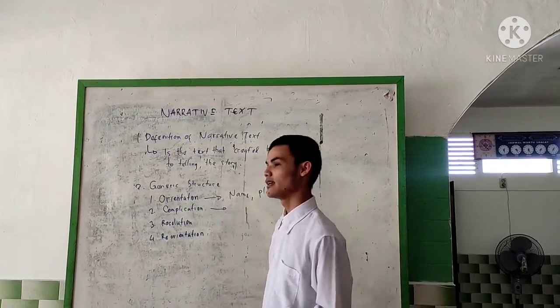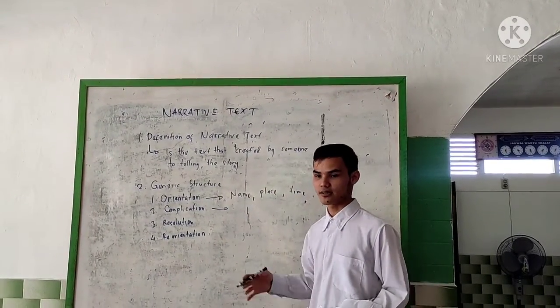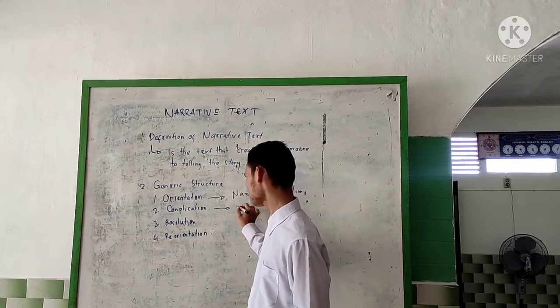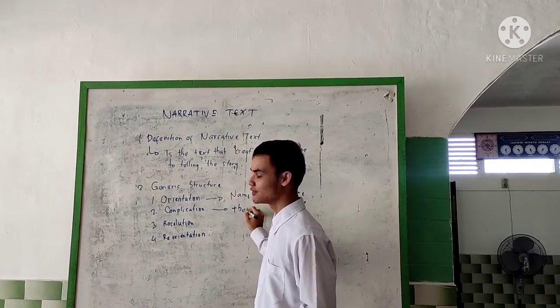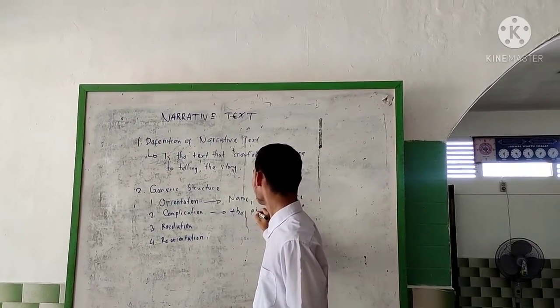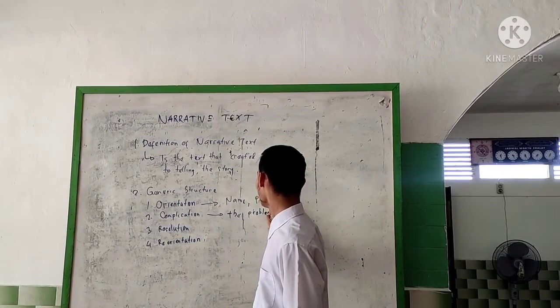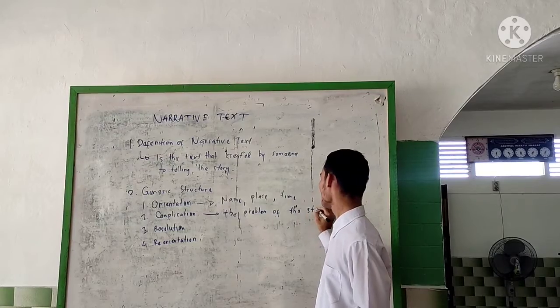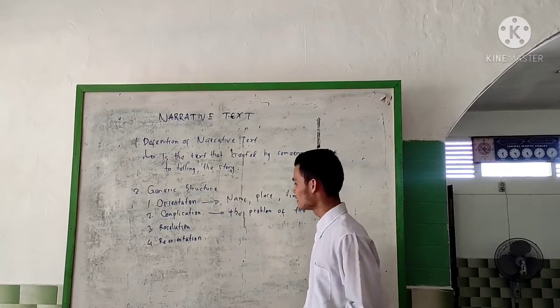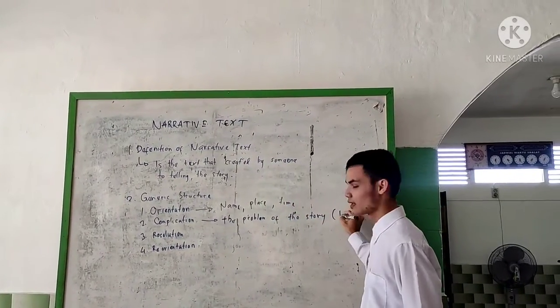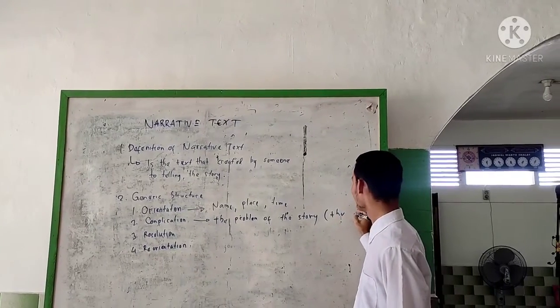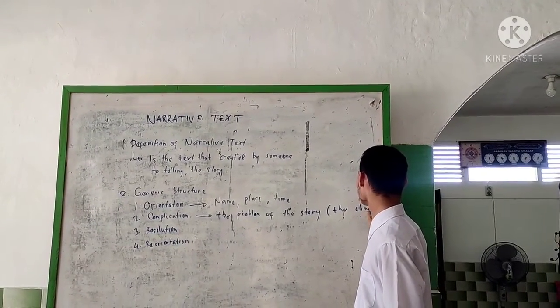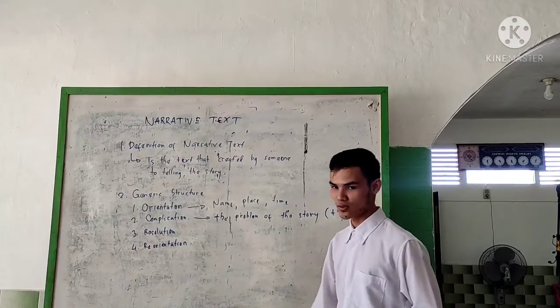Complication is the part that describes the problem of the story or the climax of the story.